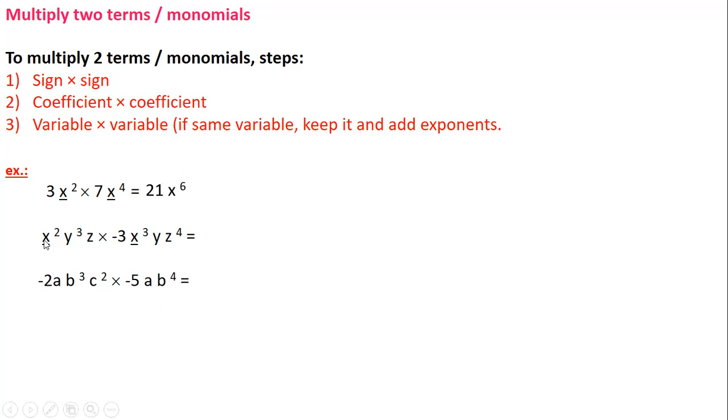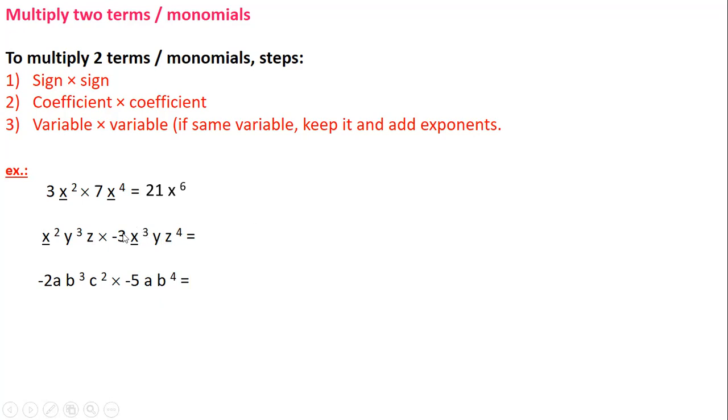Now here I am multiplying this monomial times this monomial. If we have, for example, a monomial without a coefficient, of course, its coefficient is 1. So positive times negative will be negative. 1 times 3 gives me 3. Now the variable x multiplied by the variable x, so it will be x. And we add 2 plus 3 is 5.